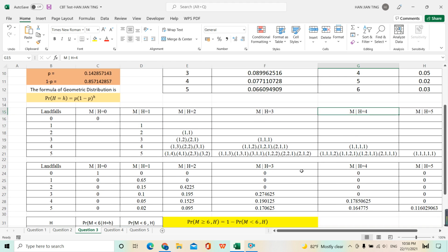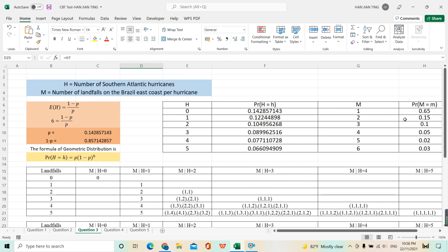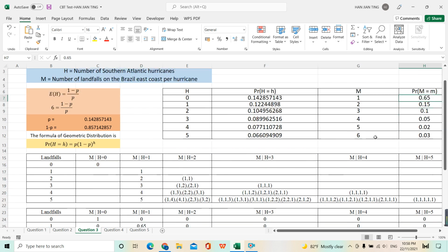Next we need to find the probability of each when h equals 0 until 5. For the landfall equal to 1, when h equals 1, m also equals 1, so we just substitute the probability of m equal to 1.